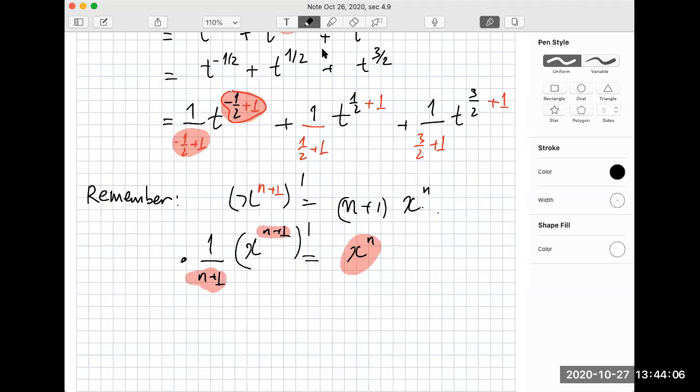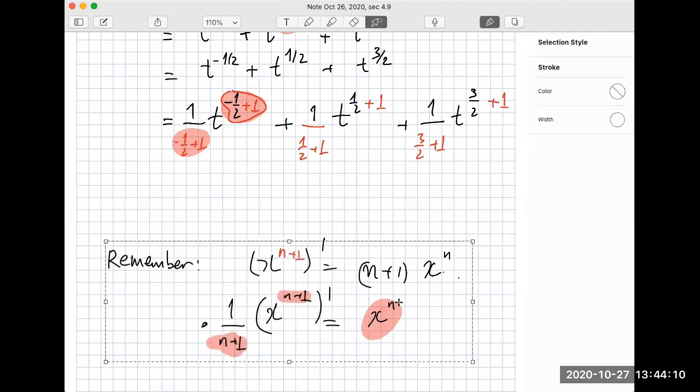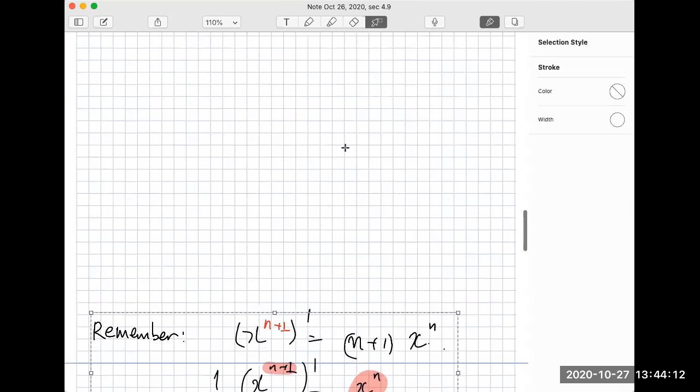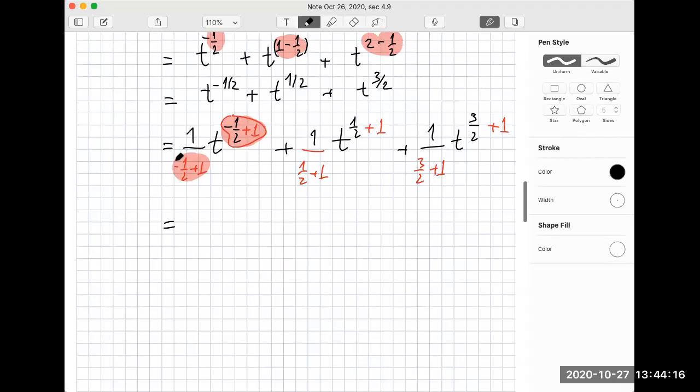So then let us simplify the parameters here. Okay? Here is 1 divided by 1/2, right? And here it will be t to the 1/2. Okay?